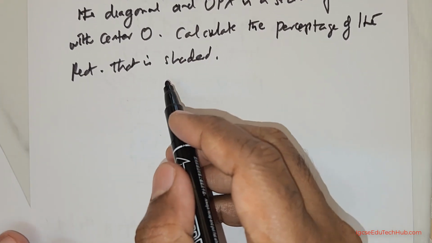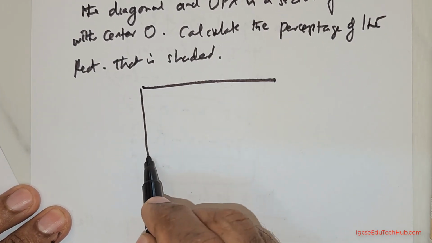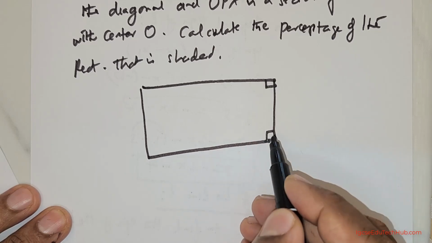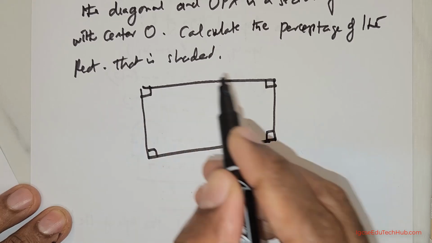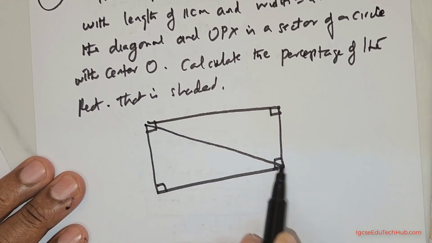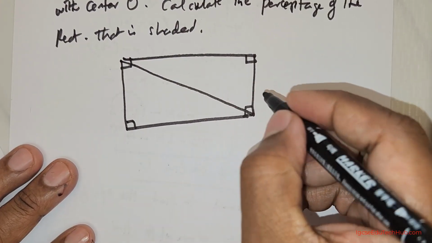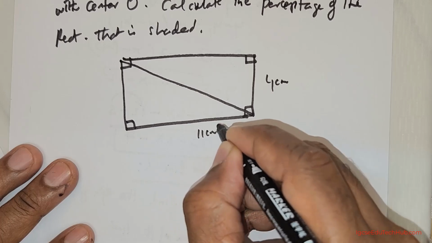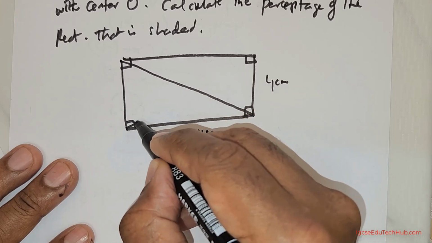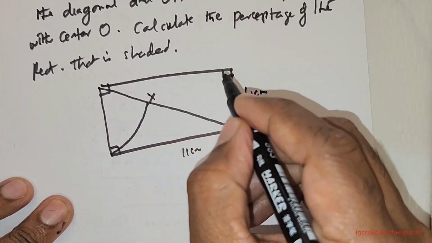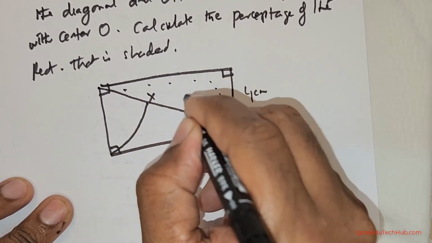So let me draw the rectangle. So this is the rectangle. Rectangle means clearly every corner has got 90 degrees, so have that in mind. Now this is the diagonal that is hitting the rectangle. This is given as 4 cm. This is given as 11 cm, and there is a sector of a circle that is moving like this, and this point is given as X, and all these things are the shaded region.